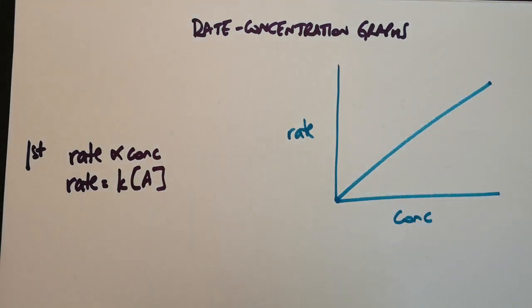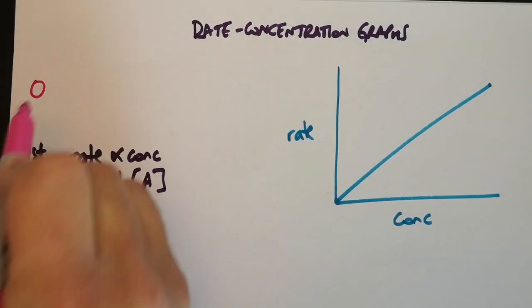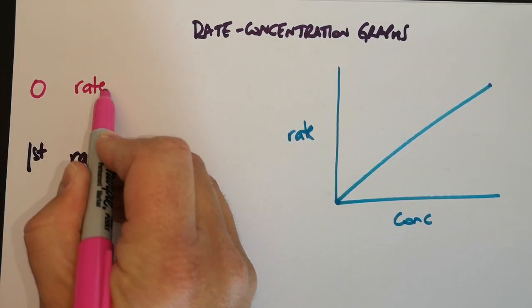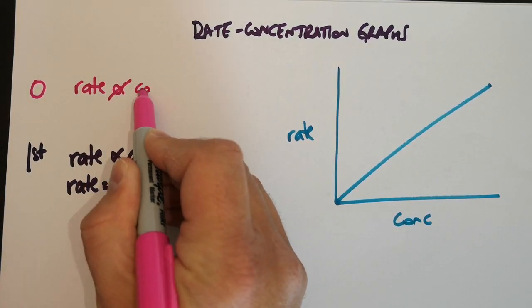Now I alluded in my last video to the fact that it's not the same for zero and second orders. So let's look at how zero and second orders behave. Well, let's think about a zero order. A zero order reagent, there is no link between the rate and the concentration.